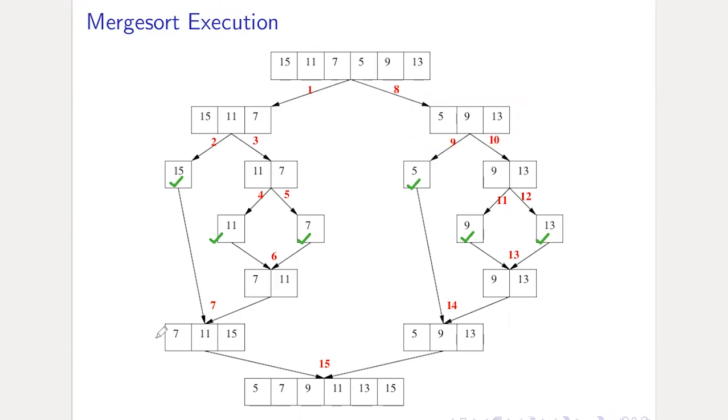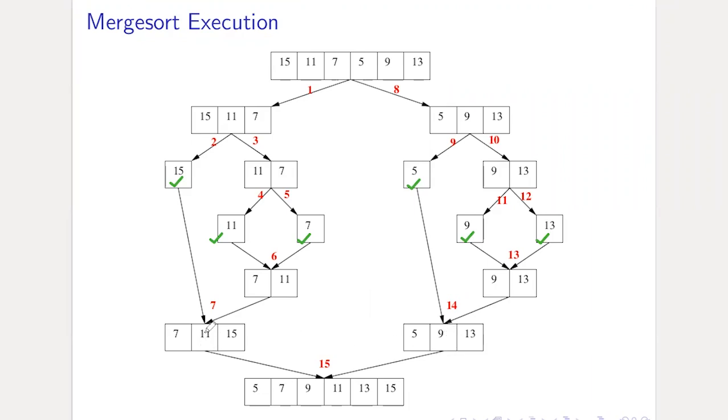And then you have this sublist 7, 11, 15 and 5, 9, 13. So the merging will happen. For example, 7 will be compared against 5, and because 5 is smaller, 5 will be put there, and the index will move to 9, and this index will remain there. Then 7 and 9 will be compared. 7 is smaller, so 7 will be put into the original one, and the index on this side will move to 11, and this one will remain at 9.